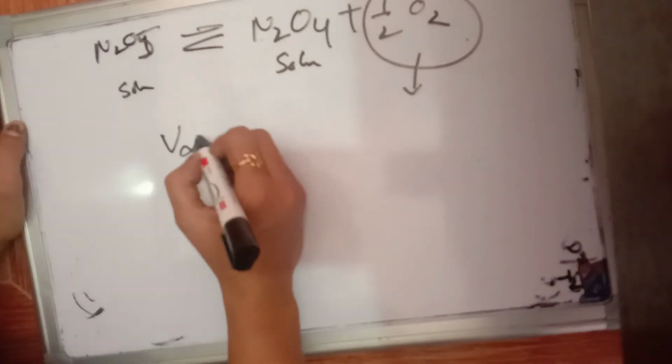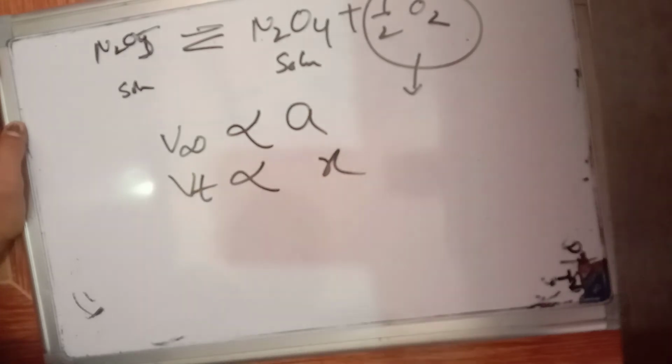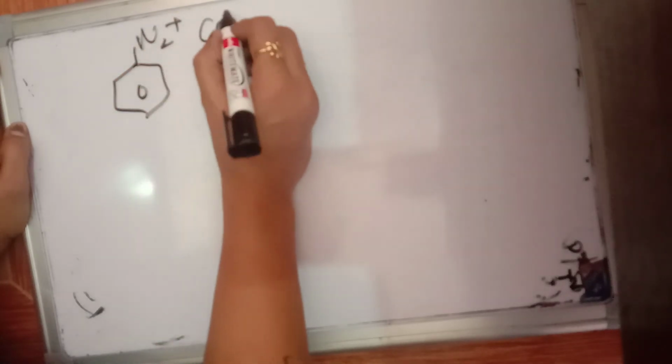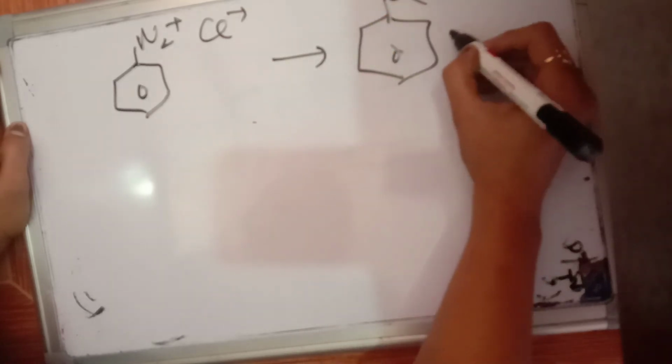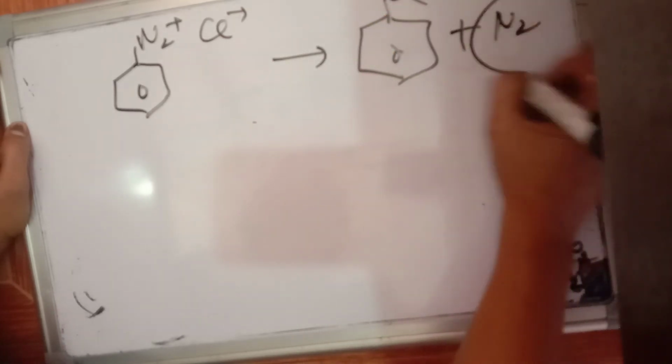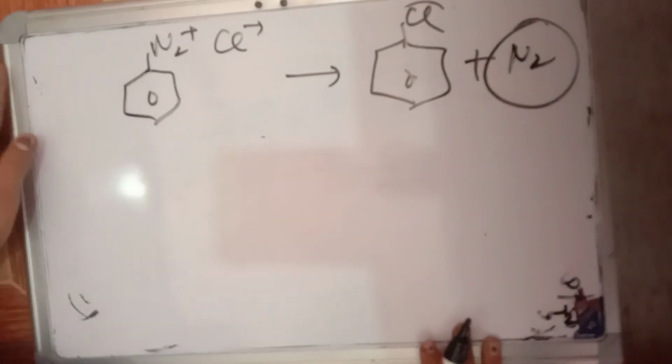Similarly, V infinity will be proportional to a and Vt will be proportional to x, so the same expression. Similarly, the decomposition of diazonium salts: diazonium salts give us haloarenes plus nitrogen. Again only nitrogen is a gas, so this can be studied easily.